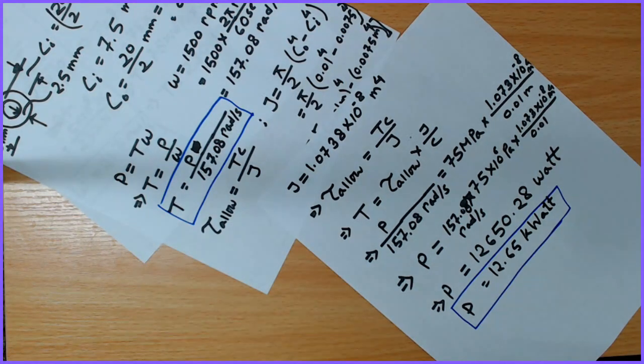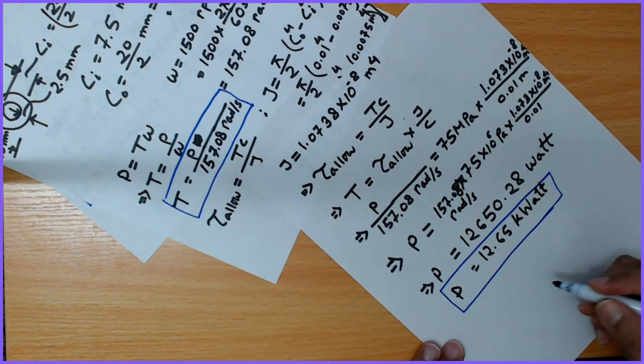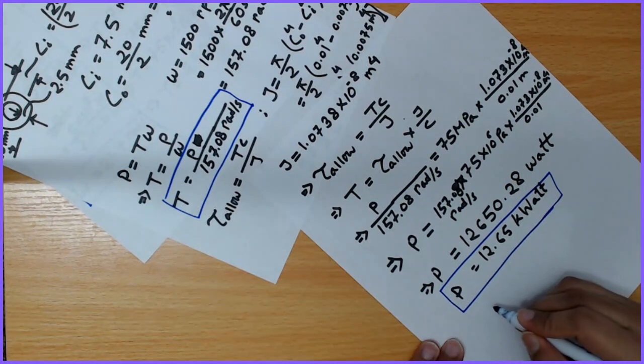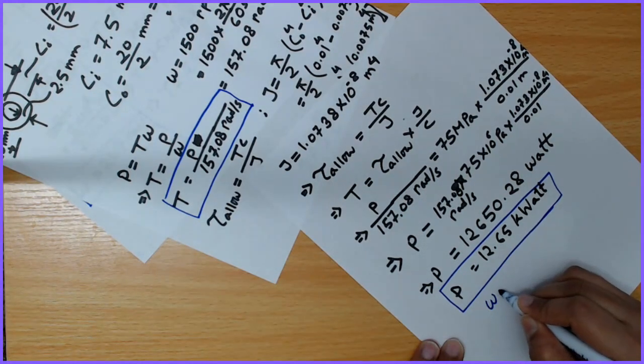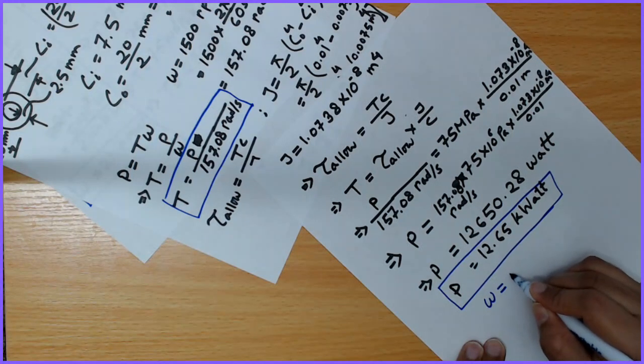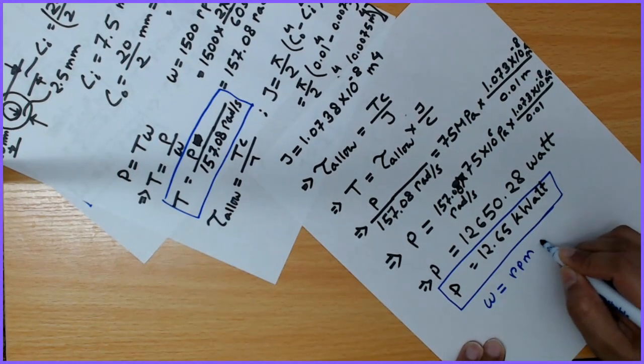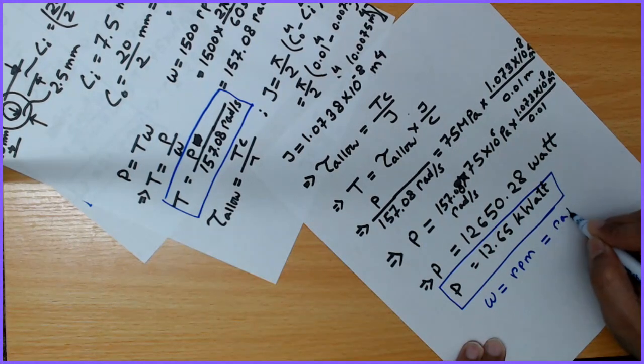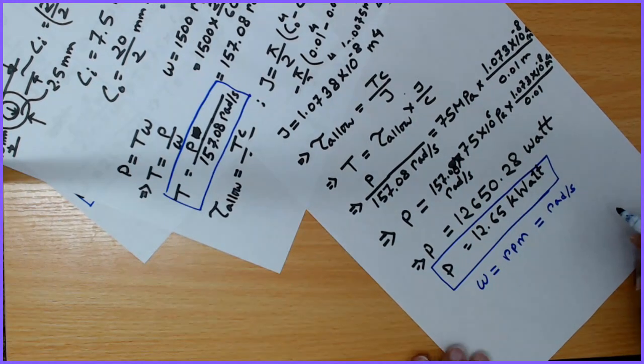So to solve this kind of problem, there are a few things you need to be careful about. One is consistency with the units. So convert your omega, if it is RPM, to radian per second.